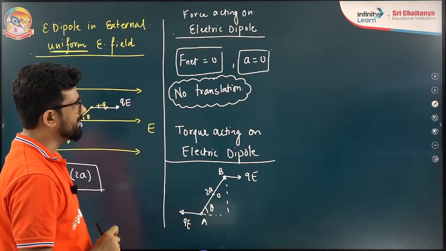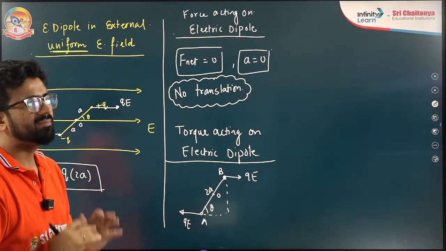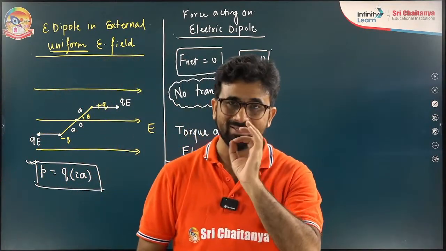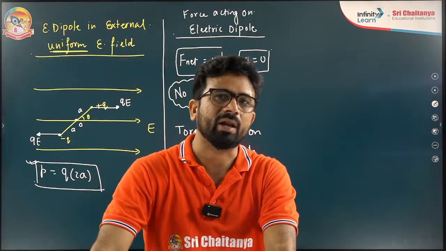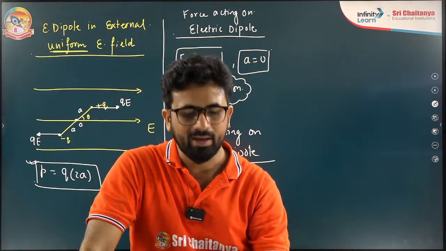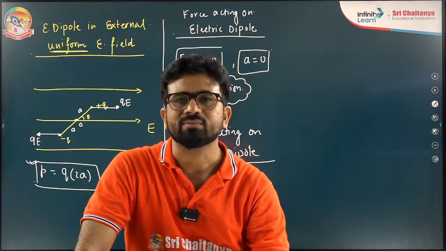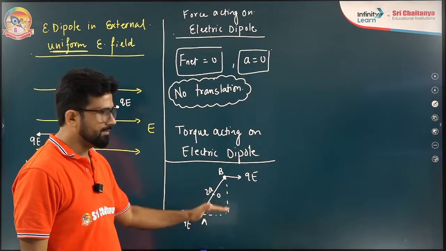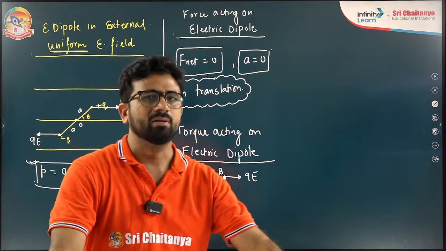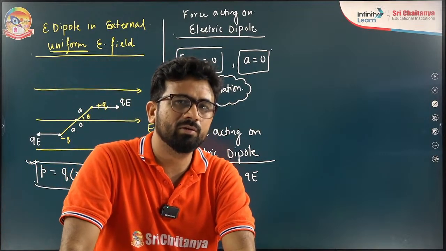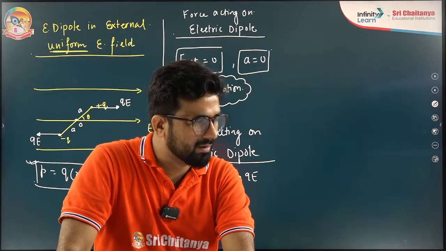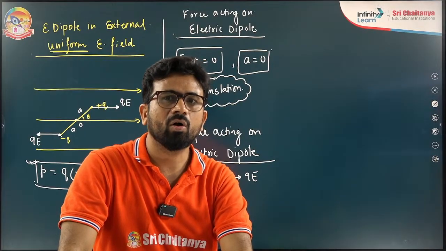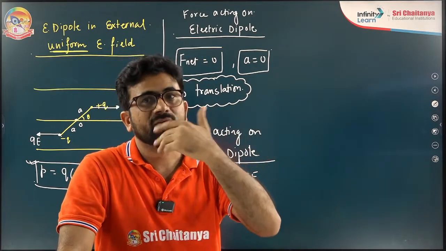Remember one very important statement. It's related to mechanics, but you have to remember it here also. If the net force acting on a body is equal to 0, listen to my words carefully, and their lines of action are different, this one acting in this line and the other acting in the line above, they are parallel, not the same, then the torque acting on the body is independent of the point of origin.